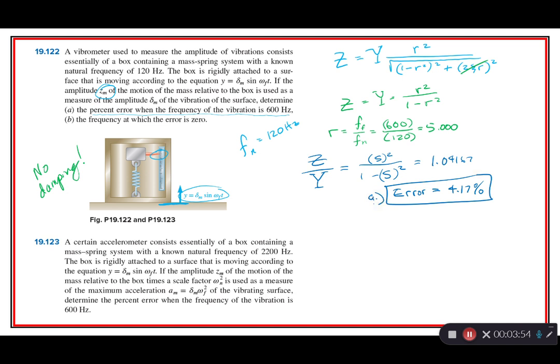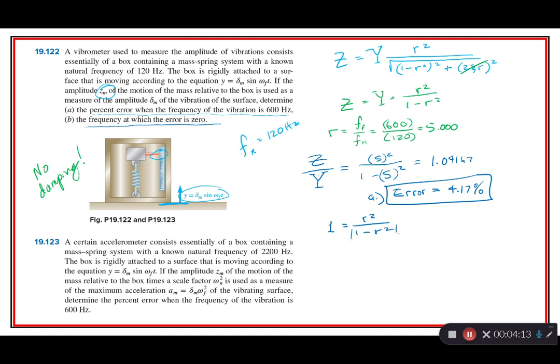Now we want to go backwards and see at what frequency the error is equal to 0. All right, so we go 1 is equal to R squared over 1 minus R squared. This is the absolute value, by the way.